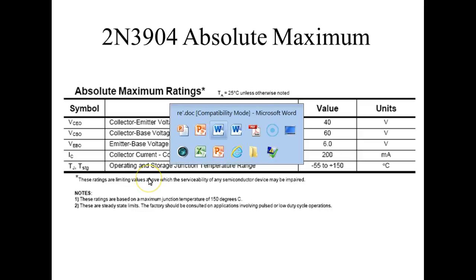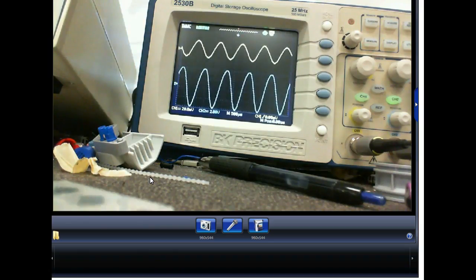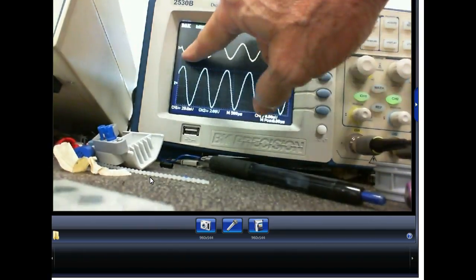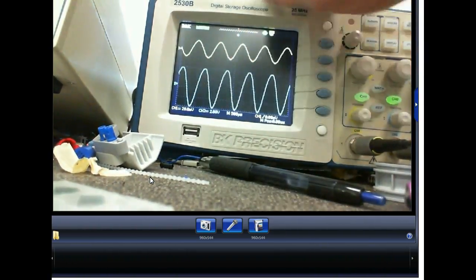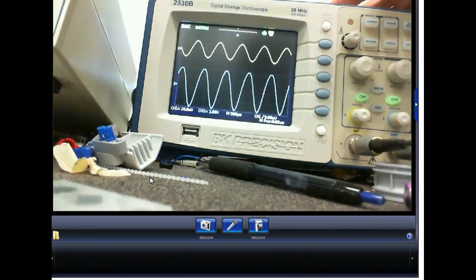Yeah, we're getting about half the gain of what we expected, which is still not bad for all the approximations we're using. So this is the scope.